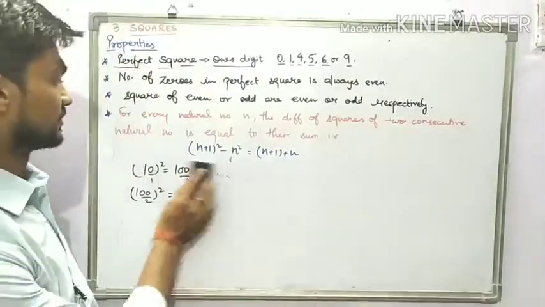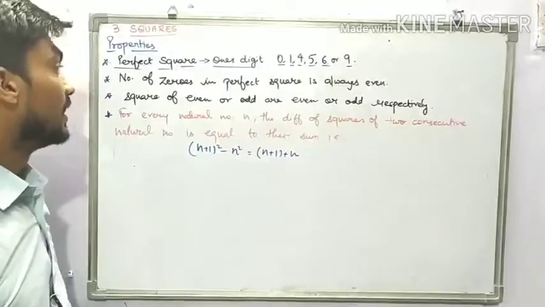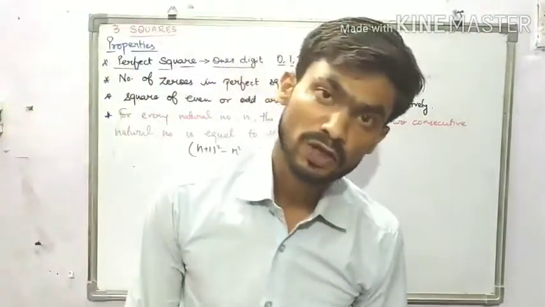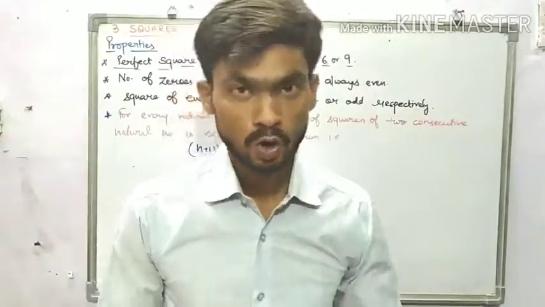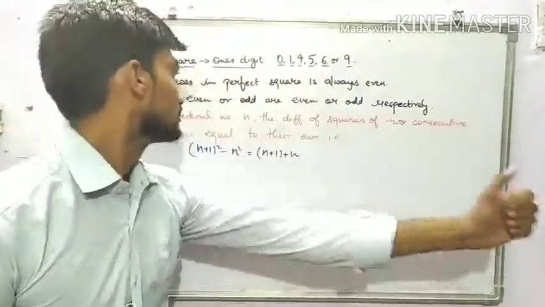Third property: the square of an even number will be even, the square of an odd number will be odd. As simple as your English.